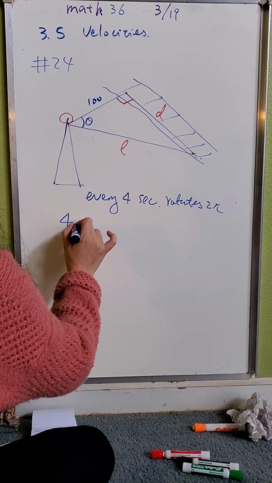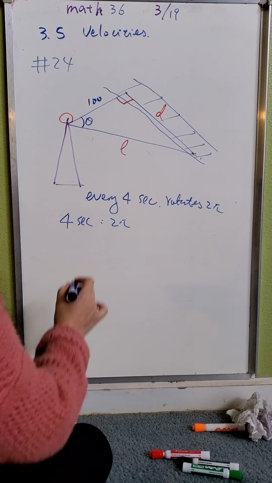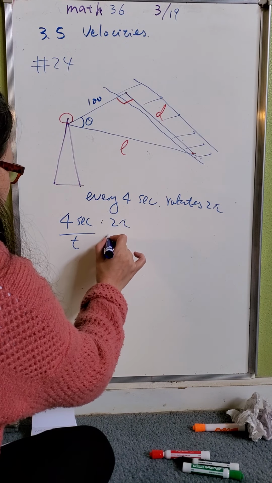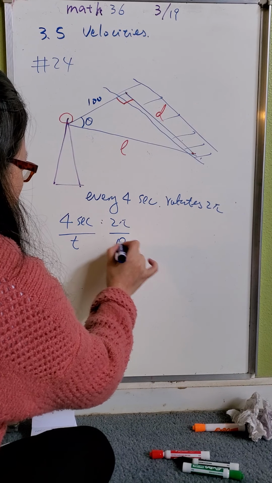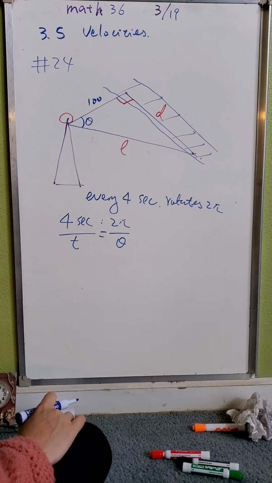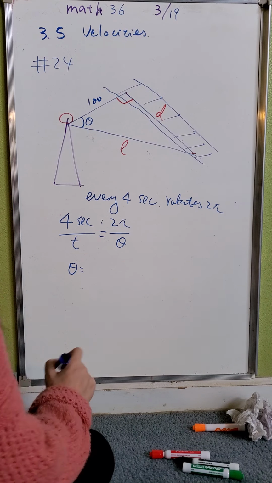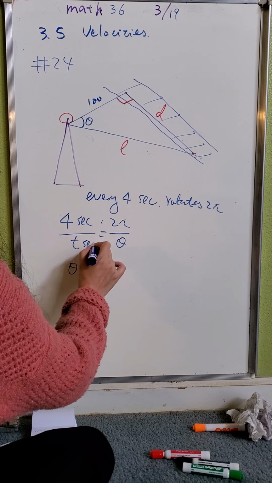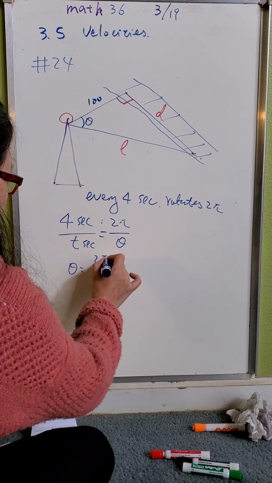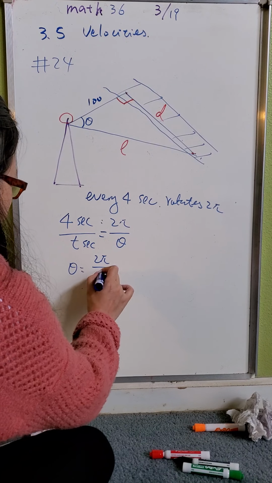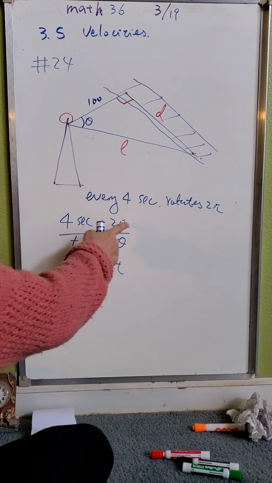So 4 seconds is 2 pi. So we use a ratio. If I have t seconds, that'd be what? So I'm looking for theta. So this is t seconds. Theta will equal 2 pi over 4 times t. So every 4 seconds, you go 2 pi.